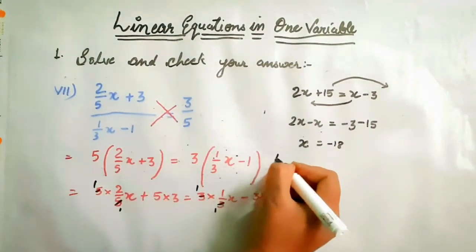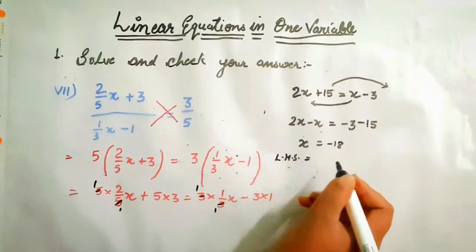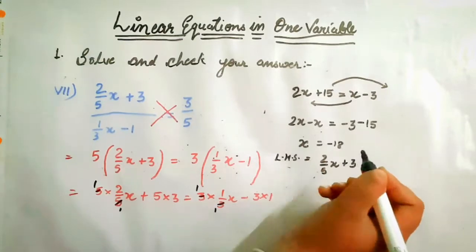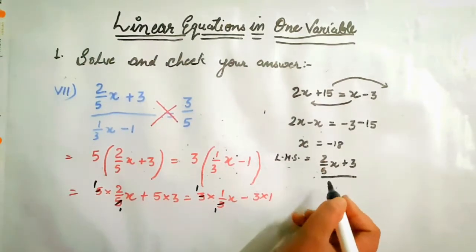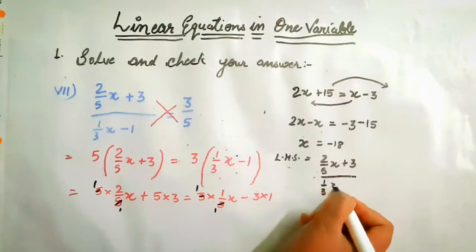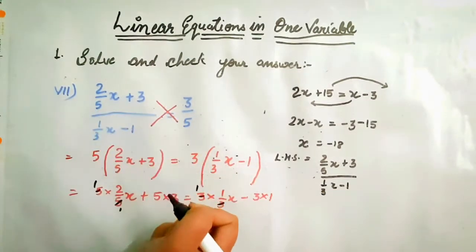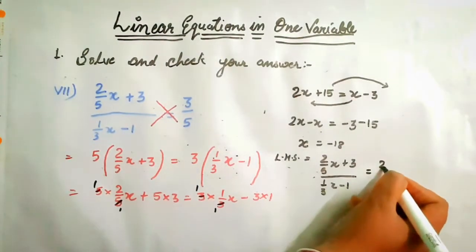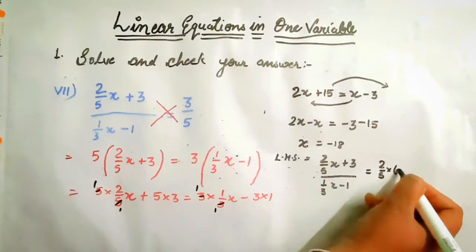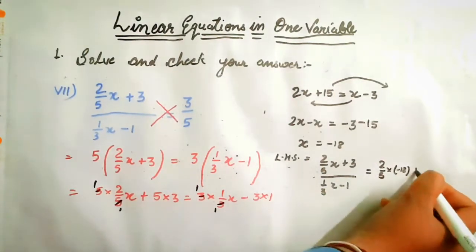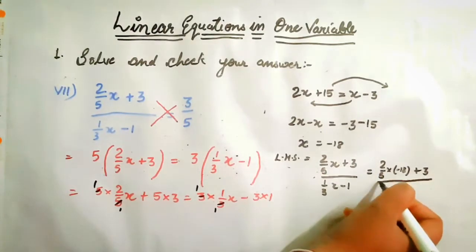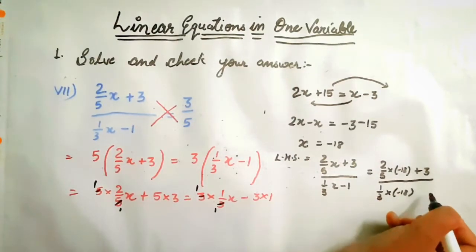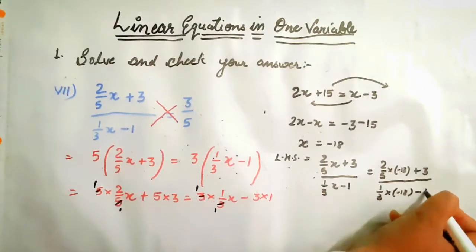Now we have to check again. So take the left hand side of the question, that is 2 upon 5x plus 3 whole divided by 1 upon 3x minus 1. Replace x. x is minus 18. So this will be 2 upon 5 multiplied by minus 18 plus 3 whole divided by 1 upon 3 multiplied by minus 18 whole minus 1.